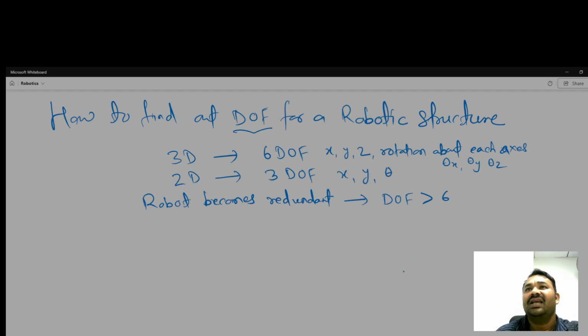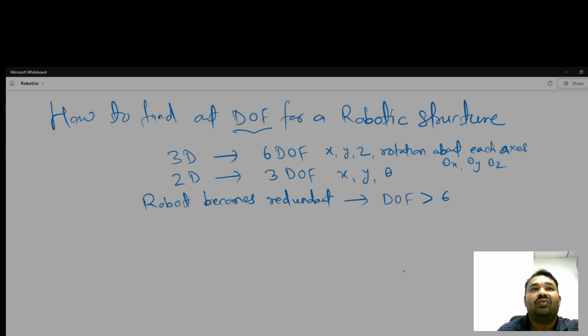Similarly, with high degrees of freedom there is more flexibility, and we have an infinite number of solutions. More than 6 degrees of freedom is required when, suppose, a robot has to follow a path avoiding obstacles in between and go into a narrow space. In that case, more flexibility is required.